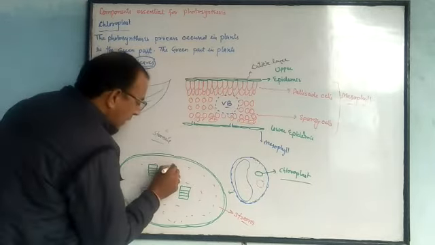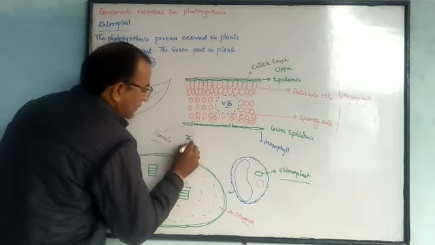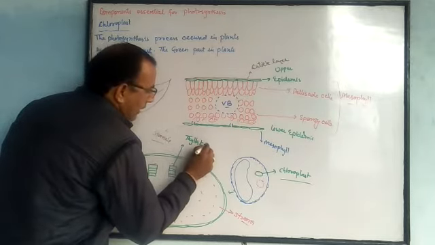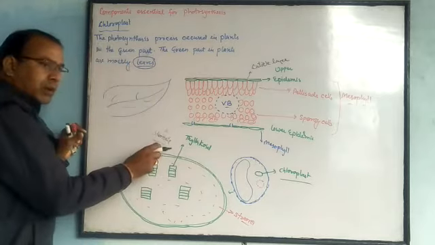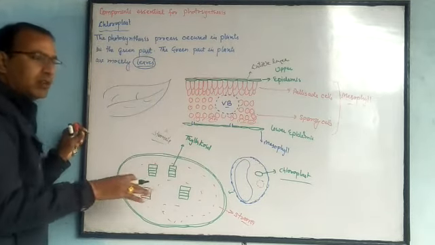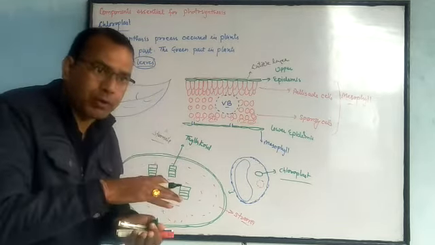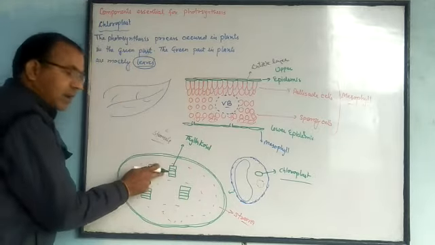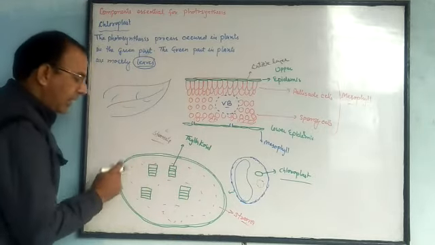The single membrane is known as thylakoid. When thylakoids are attached in a stack, like pages of a notebook, this makes a single granum, and these are grana.